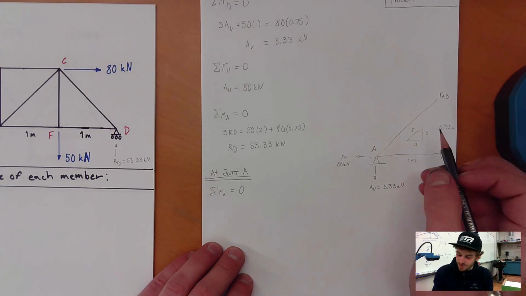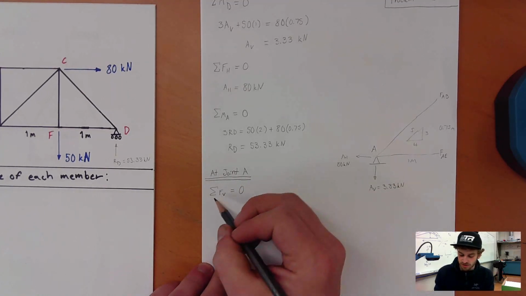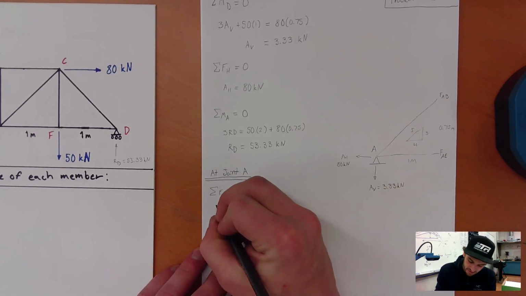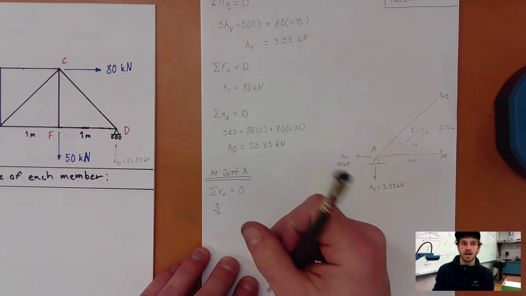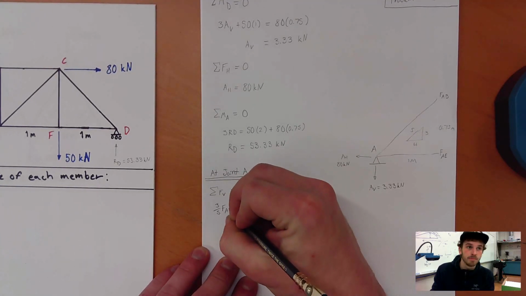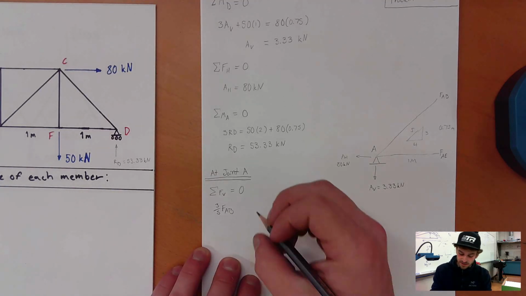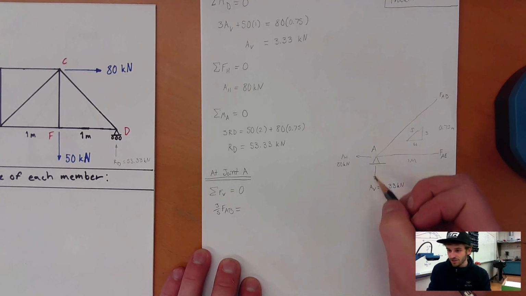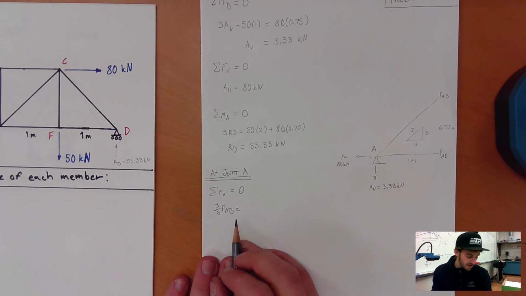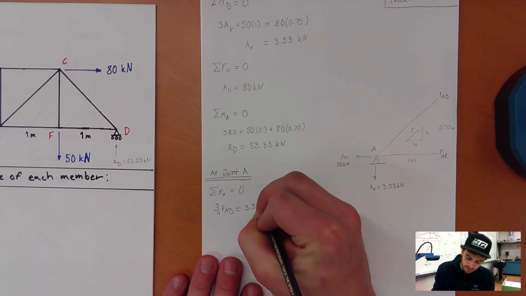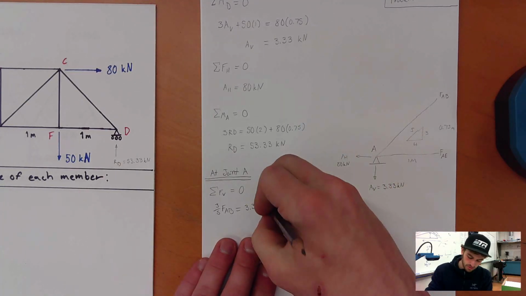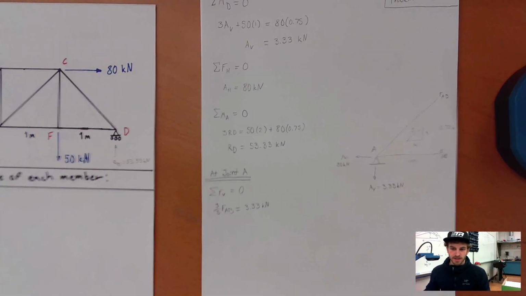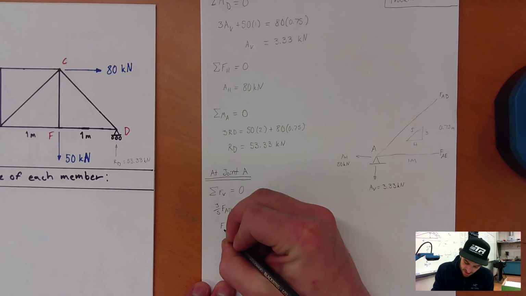So if we know that we have a 3, 4, 5, and the sum of the forces vertically equals 0, then if we take 3/5 of this FAB, that is going to equal our forces acting vertically on point A. So 3/5 FAB is equal to 3.33 kilonewtons.